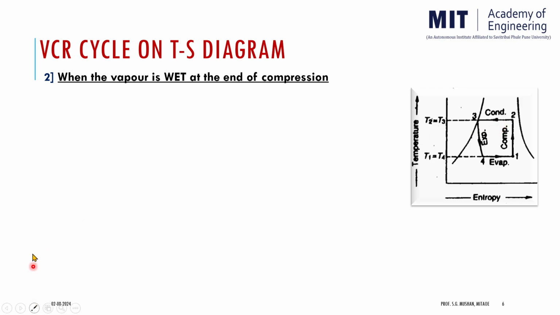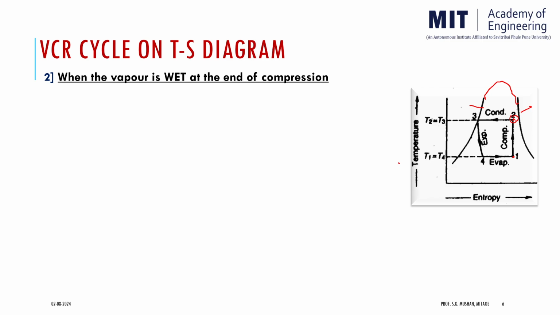I will just take a pen. So this is the dome. This is the saturated vapor curve and this is the saturated liquid curve. Our initial point is here. So 1 to 2 is a compression process, and after compression also the state is wet as per the statement.